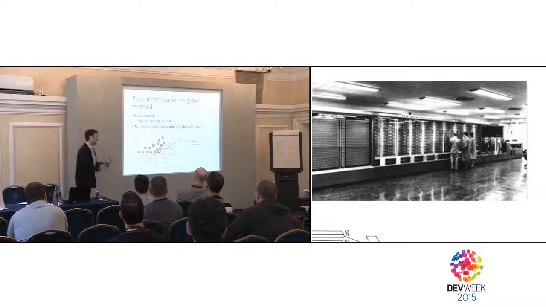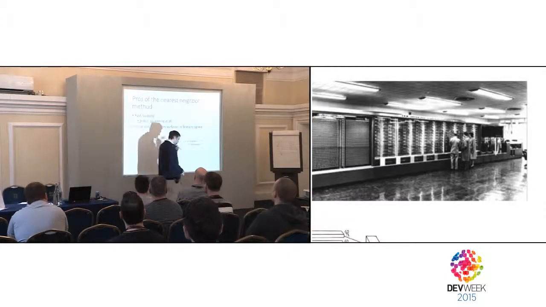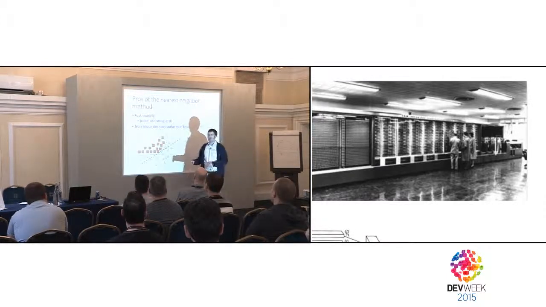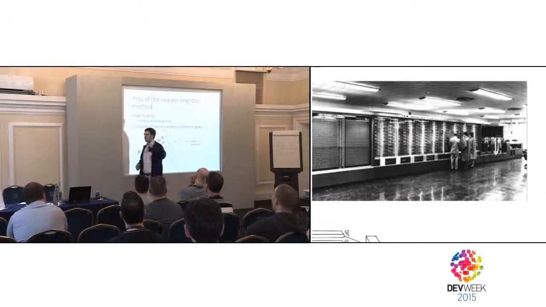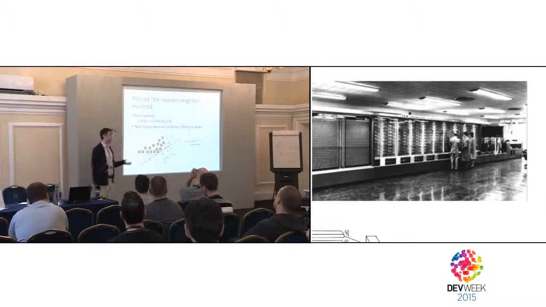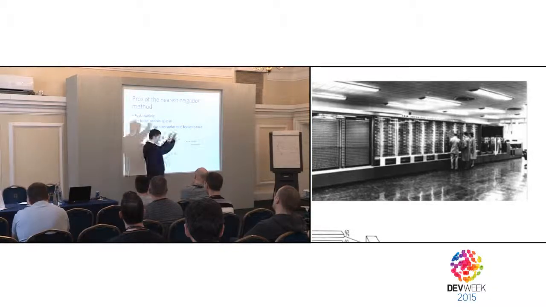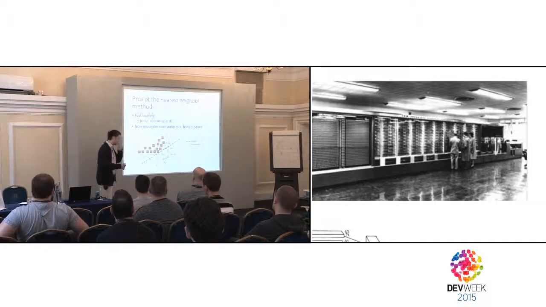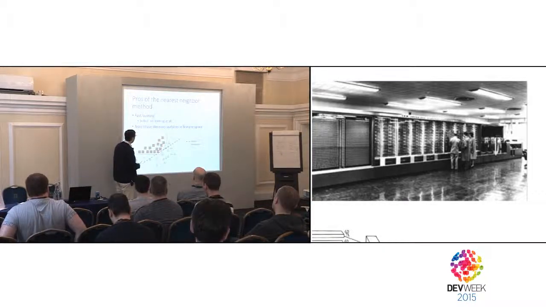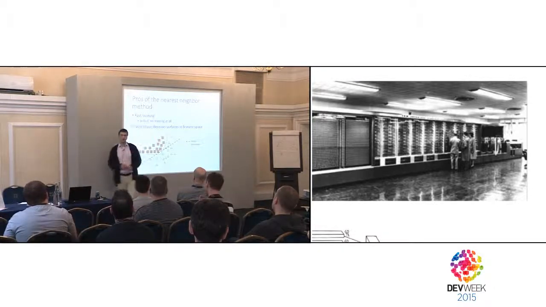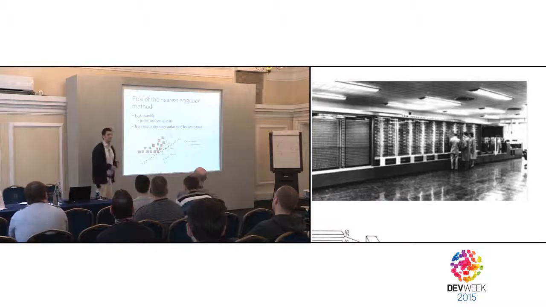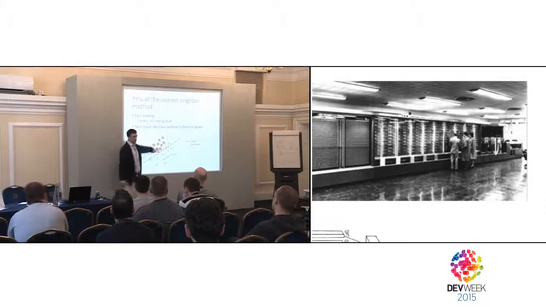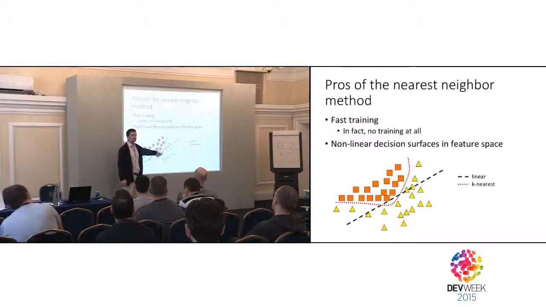Let's see. Well, you can say, OK, linear decision rule, but it's linear. What if we need more complex decision rules? For example, points lie in a circle, and there is another set of examples which form another circle around that. So one of the ways is to use the so-called nearest neighbor rule. This is very similar to the prototype method, with the difference that every example of the class is considered a prototype of that class.